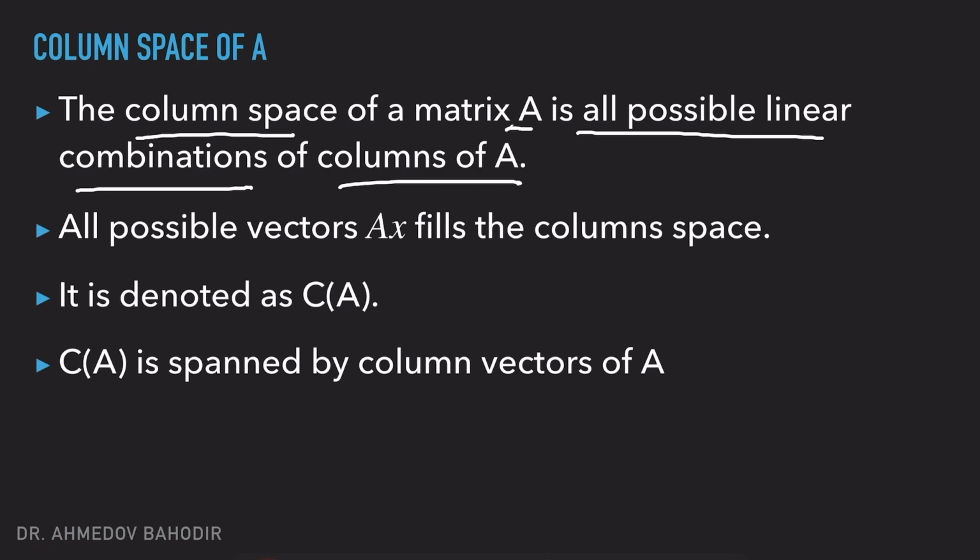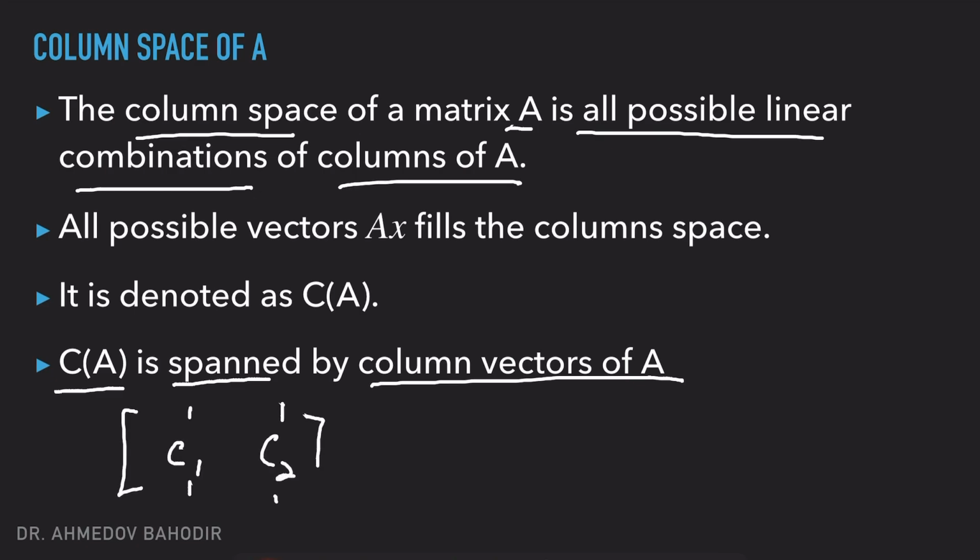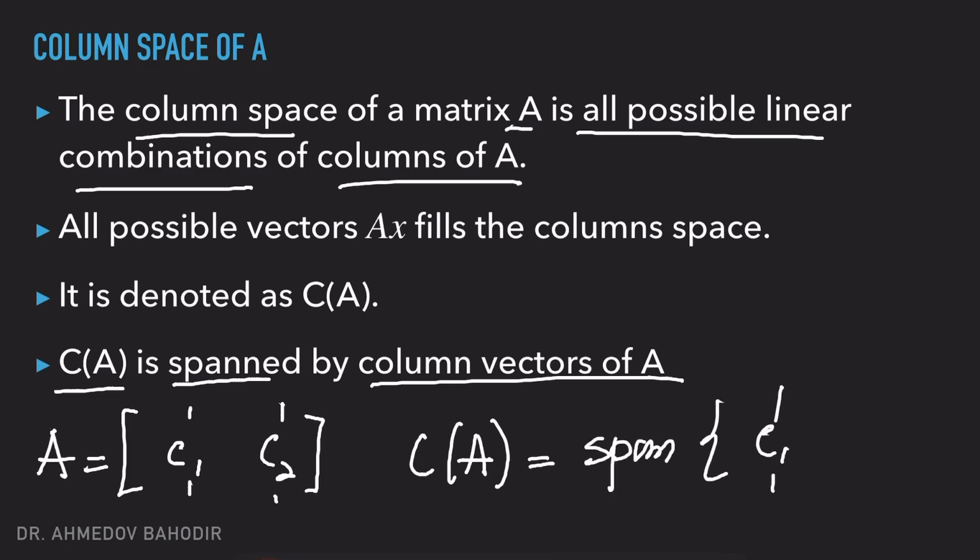And we can simply say that the column space of A is the span of the columns of the matrix A. So essentially, if your matrix A is given with two columns, C1 and C2, then the column space of this matrix A is going to be the span of these two columns, C1 and C2. Okay, so this is what the span means.